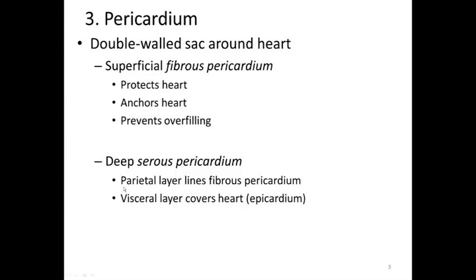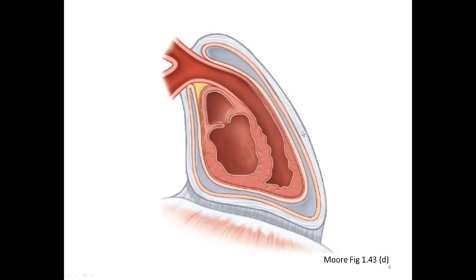It lines the fibrous pericardium and protects the heart from that roughness. And deep, touching the heart, covering the actual heart muscle, called the epicardium, meaning it's upon the heart, we have that visceral layer, the visceral pericardium.